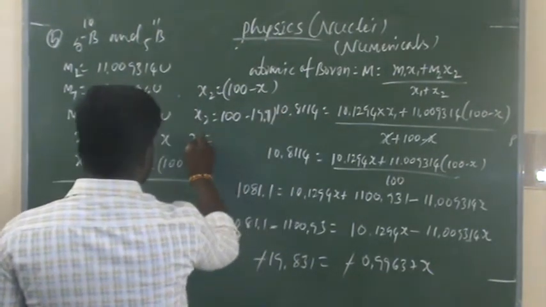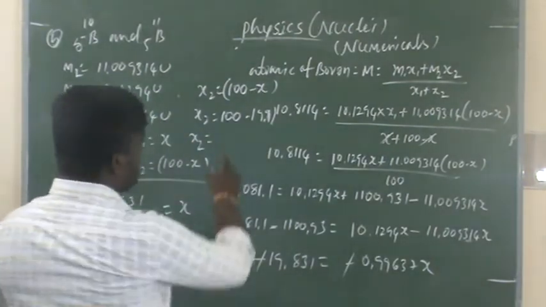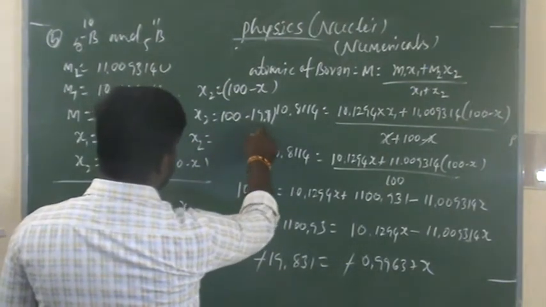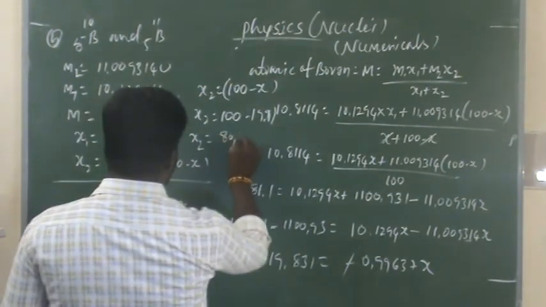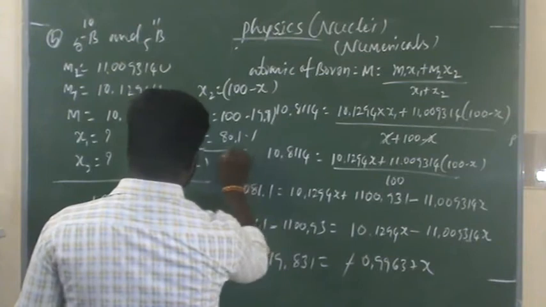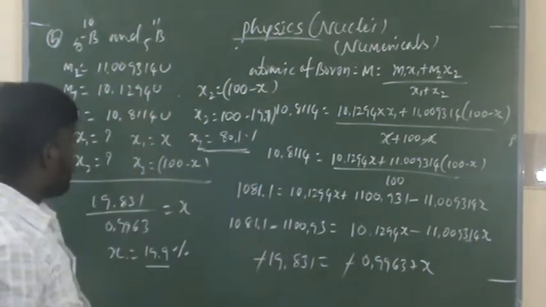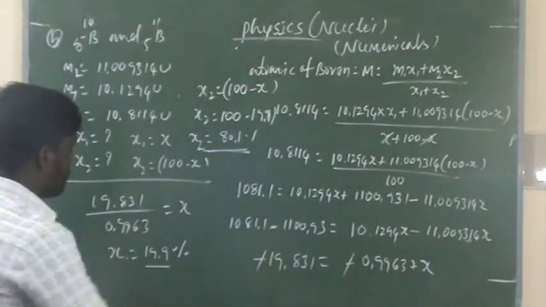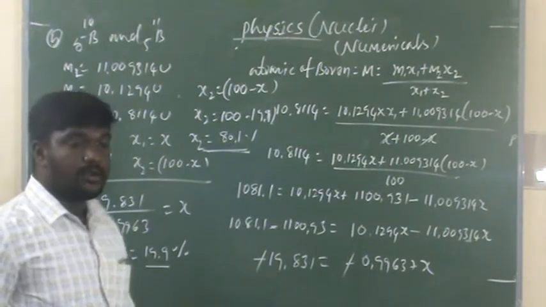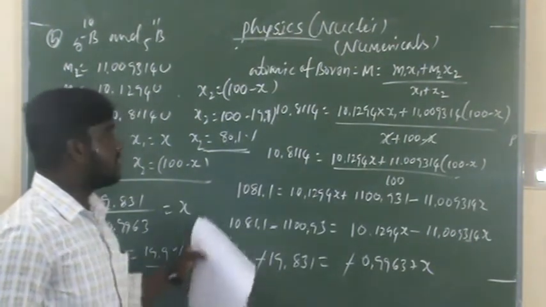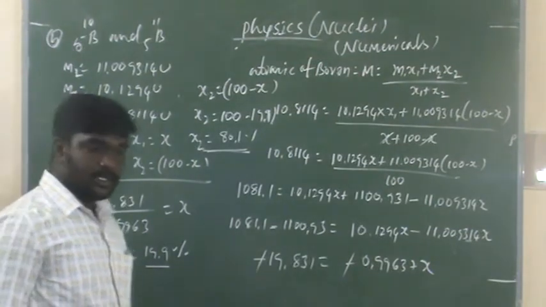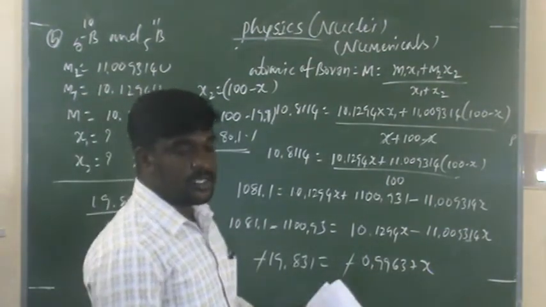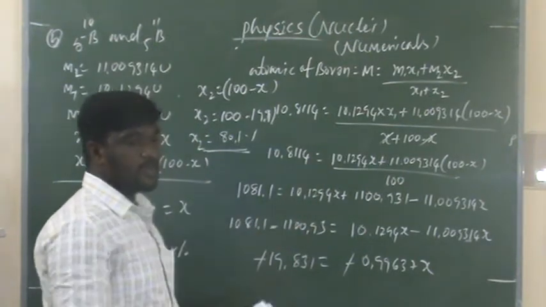So 100 minus 19.9 means 80.1%. This is the abundance of the boron isotopes. The x1 is 19.9% and x2 is 80.1%. Understood? I will send you this solution and explain it once more.